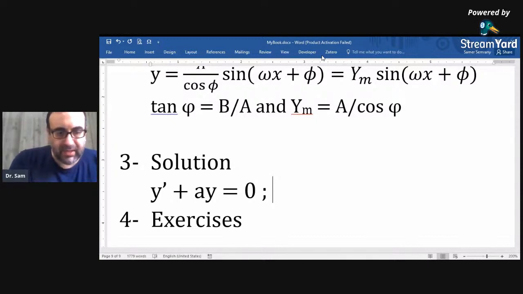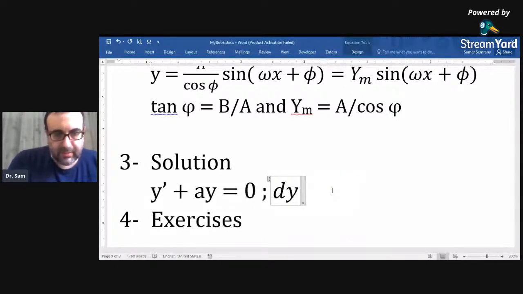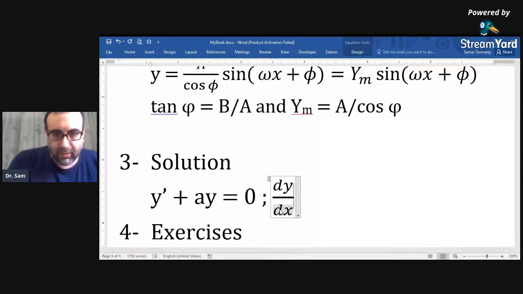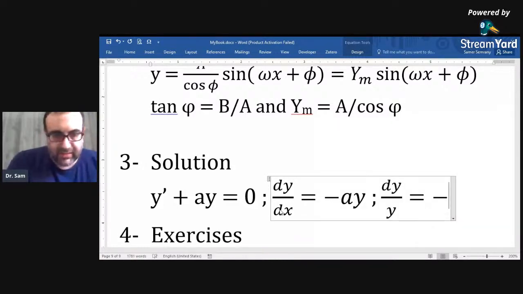So I can write dy over dx equals minus ay, and then I put it in the form dy over y equals minus a dx.